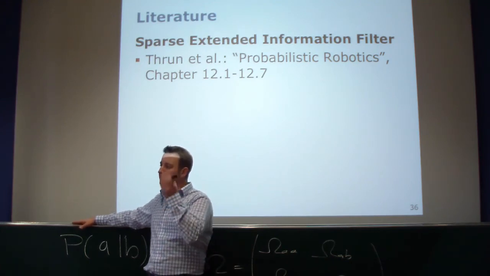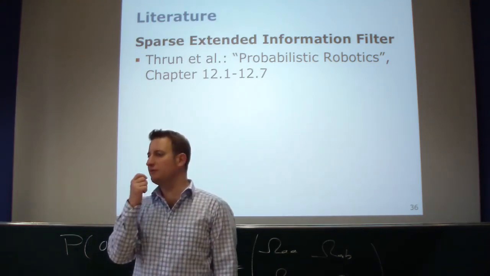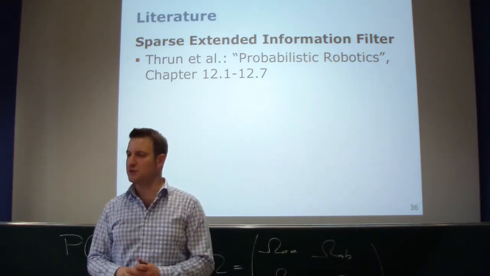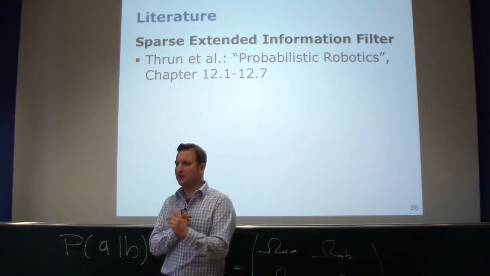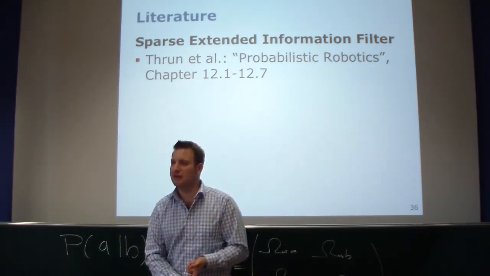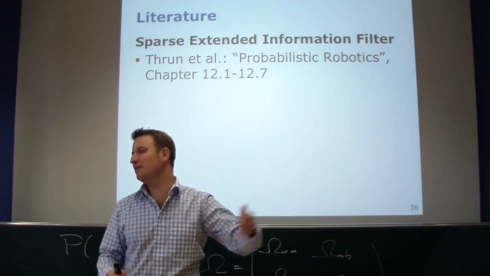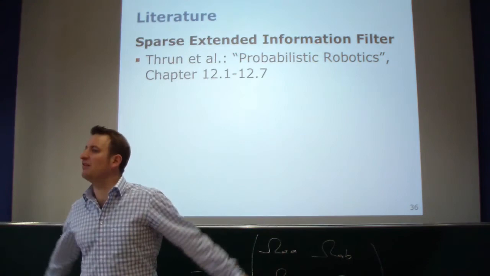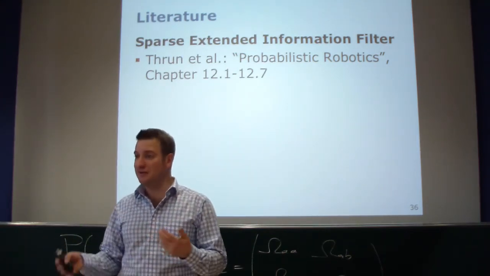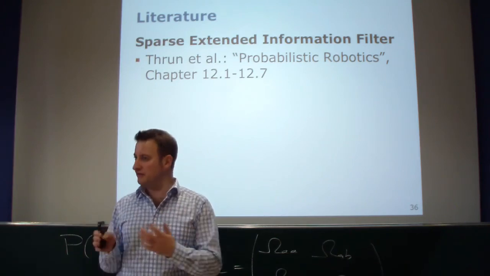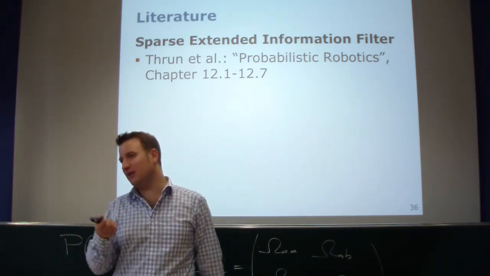But you may see it from the point that you have a certain number of CPU cycles, for example, on your robot, and you're in front of the design decision: should I take the SEIF or should I take an EKF? Let's say with an EKF I can use only 10 landmarks, and with the SEIF I can take 10,000. Then for building a map of the environment and localizing yourself in that map so that you can do navigation, the SEIF may be the better choice, because you simply have many more landmarks you can use to localize yourself.